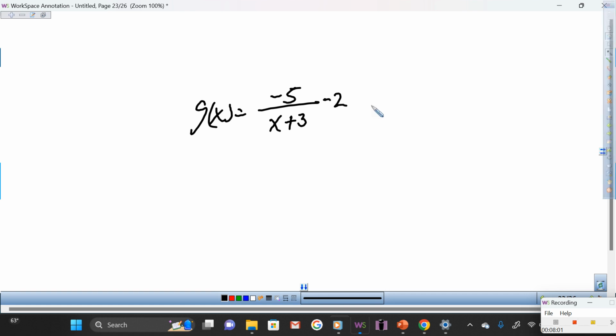Tell your neighbor which parent function and graph we are going to use for that one. Which one? Frida? One over x. Tell your neighbor why she said 1 over x, please. Because there's no square on the denominator.